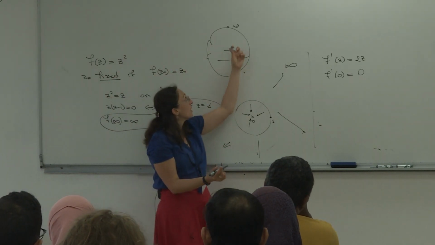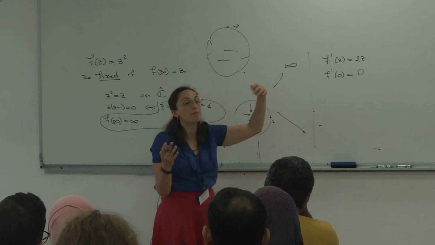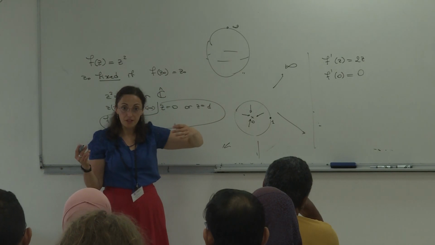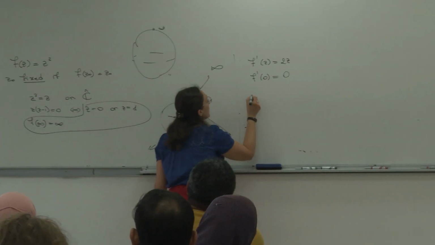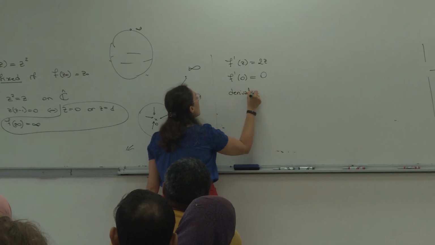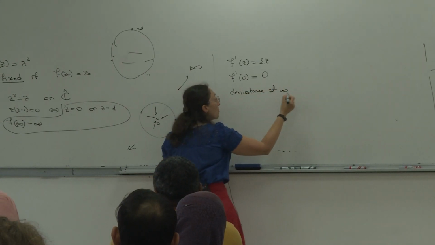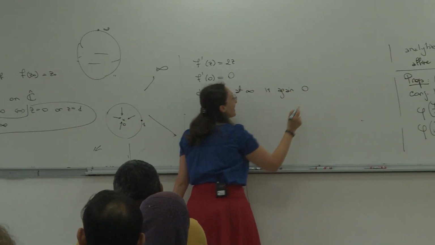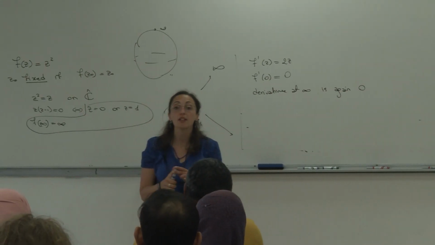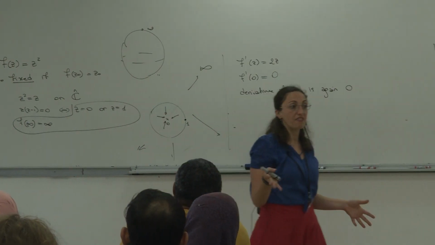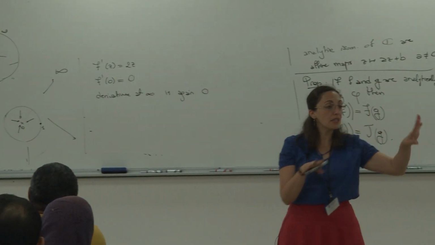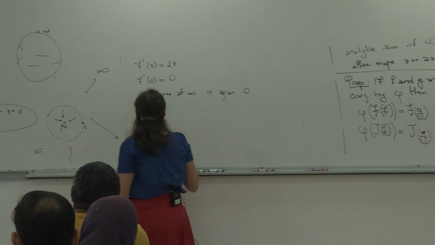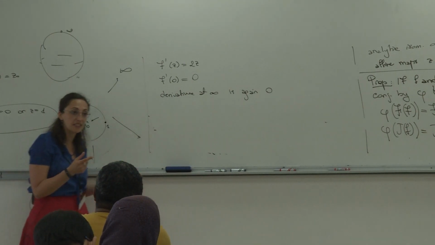If I make an inversion, if I consider the map w equal to 1 over z, then I can compute the derivative. The derivative at infinity is going to be 0, because the derivative cannot take any infinite value. I will explain a little later how to do it, and this will be part of the exercise: compute the derivative at infinity.